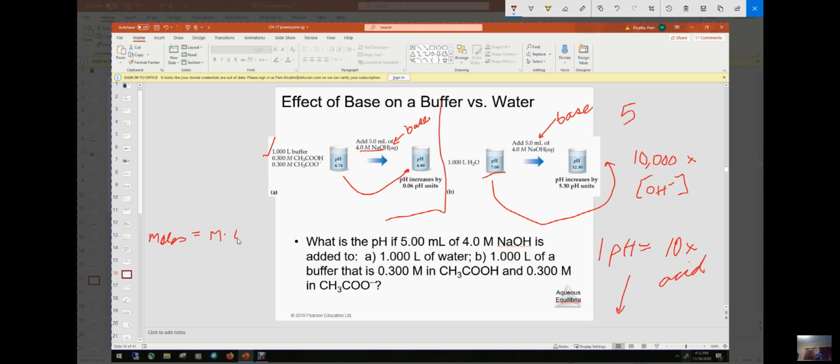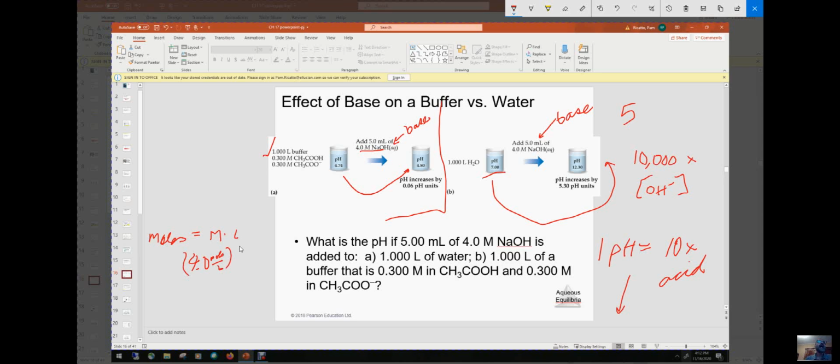The molarity is just 4 molar. Remember, what's molar? Moles per liter. That's what capital M means.